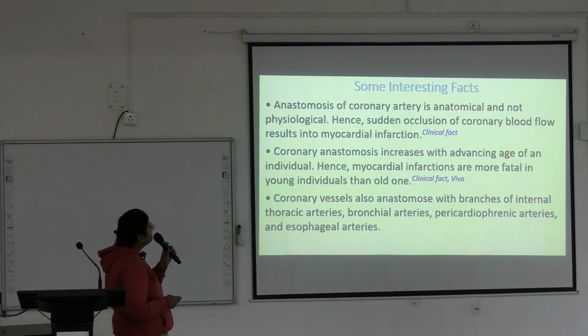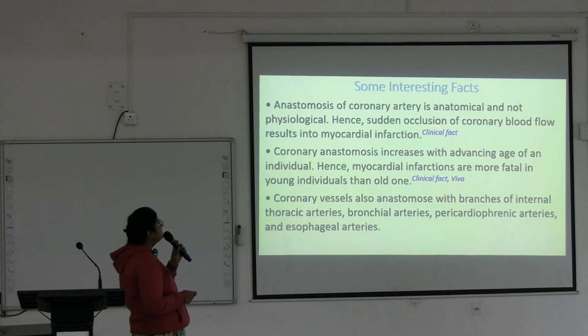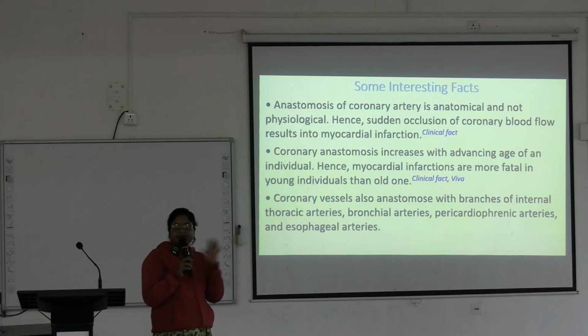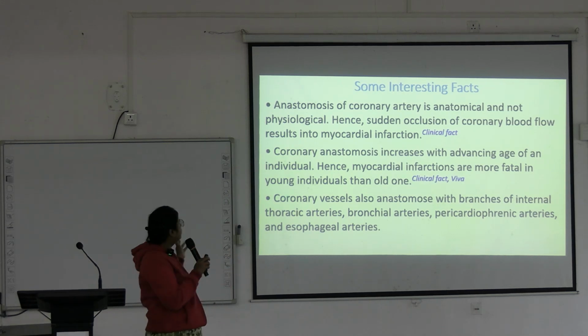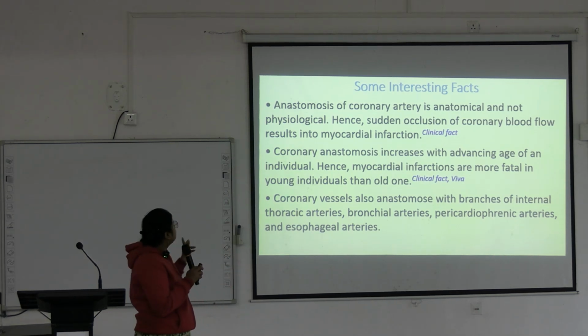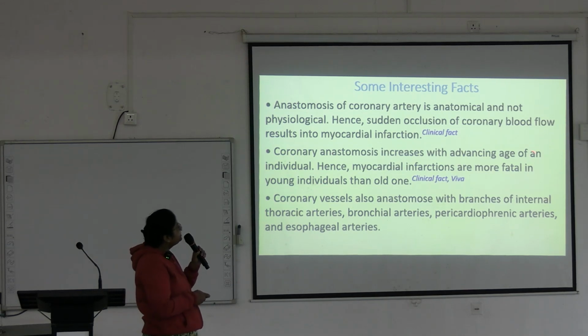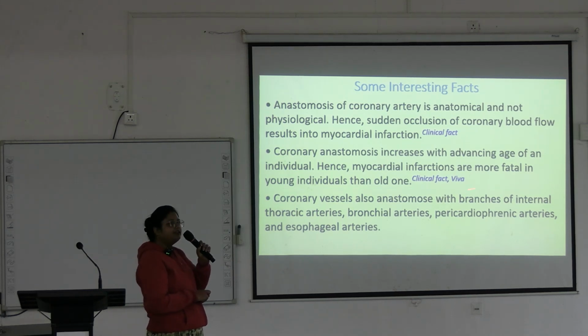Anastomosis of coronary artery is anatomical and not physiological. Hence, sudden occlusion of coronary blood supply results in myocardial infarction. That explains the why question I told you. Coronary anastomosis increases with advancing age of an individual, and hence myocardial infarctions are more fatal in young individuals than in the old.